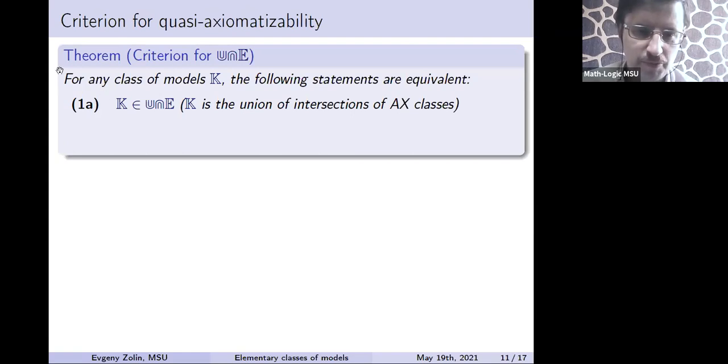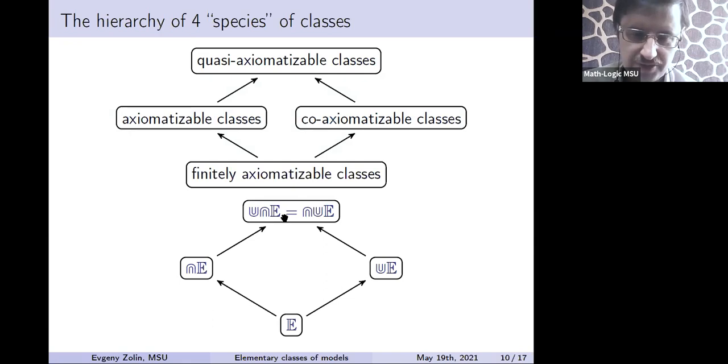So we formulate this theorem. We will also give a third equivalent condition when a class belongs to this upper species. We need some necessary and sufficient condition in terms of a class is closed under something and something.